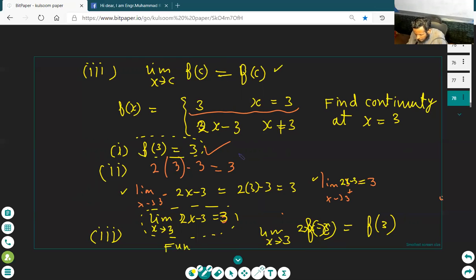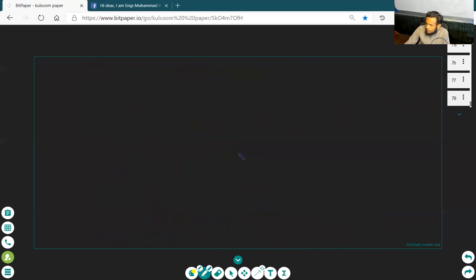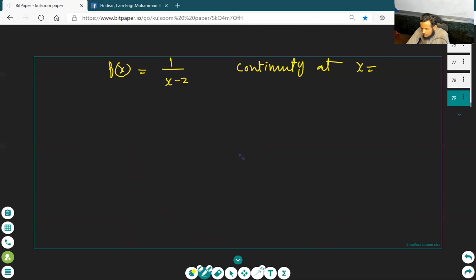The function is continuous at x is equal to 3. Now check continuity at x is equal to 2 for 1 upon the expression. Is it continuous at x is equal to 2 or not?